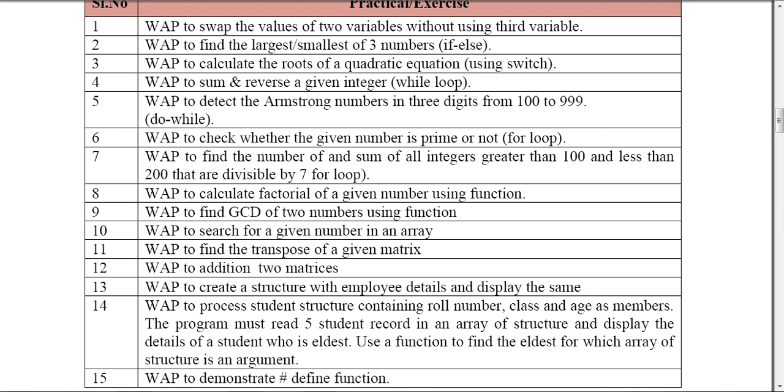But before going to writing the C programs for each of these problem definitions, let me brief you about what is C programming. C programming is a general purpose, high level language which was developed at Bell Labs by Dennis Ritchie to develop Unix operating system. And C has a well defined structure and is also very easy to learn.